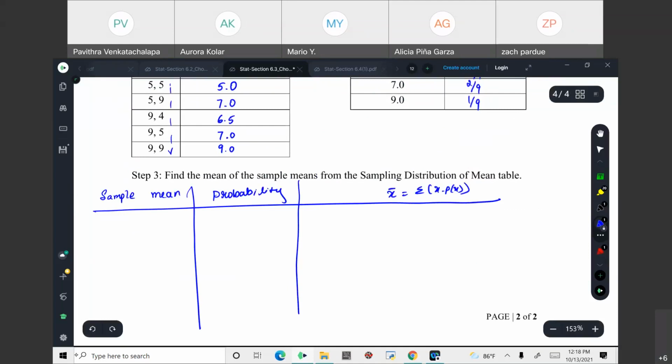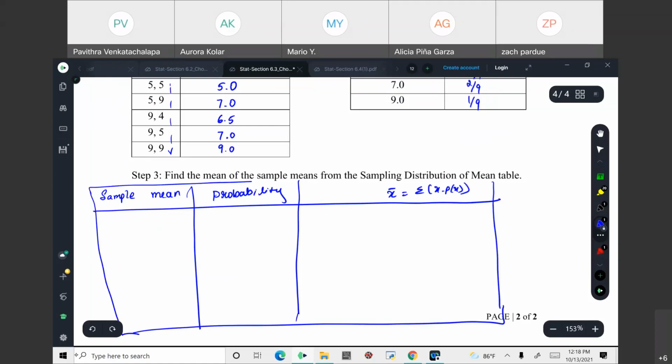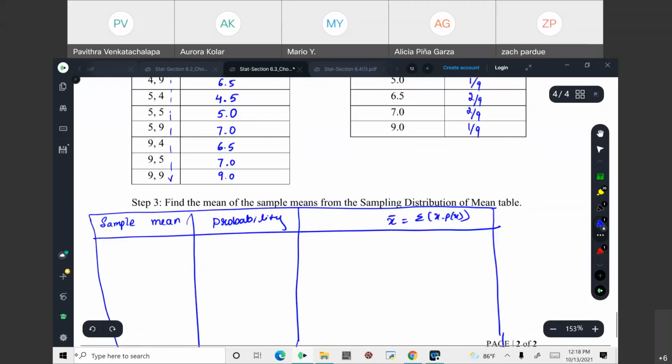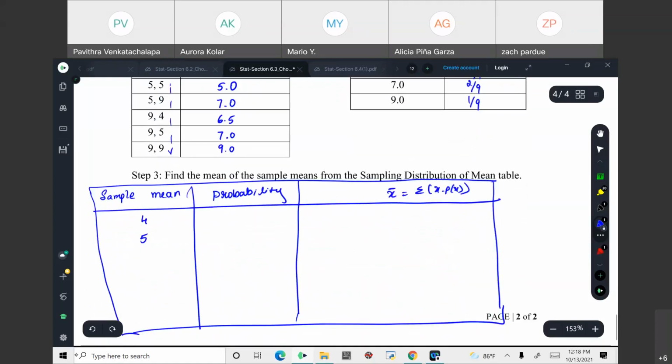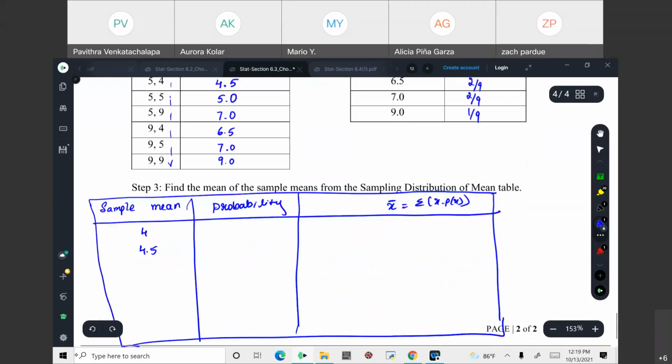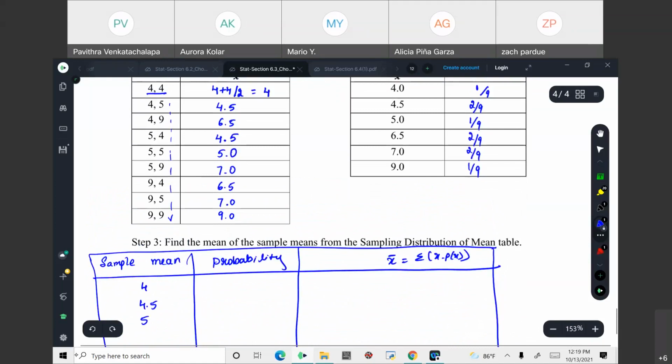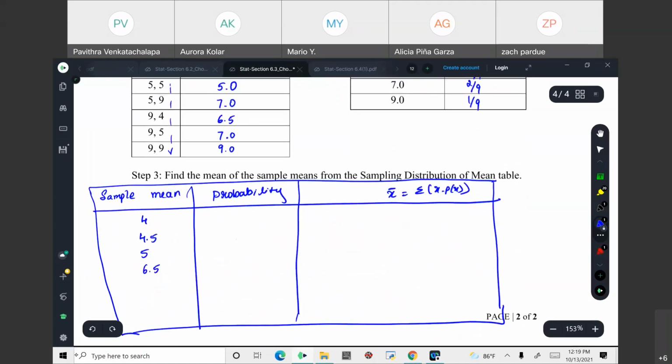Okay. So what I want you to do is calculate the third column. Use the value which is given, which you have computed. It is 4, 4.5, 5, 6.5, 7, and then 9.